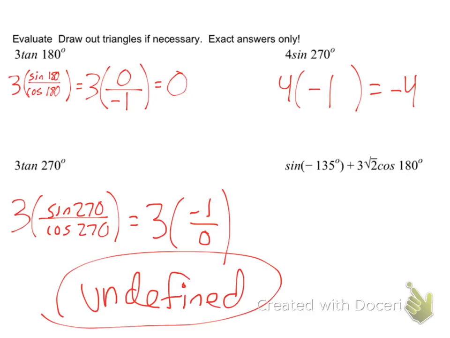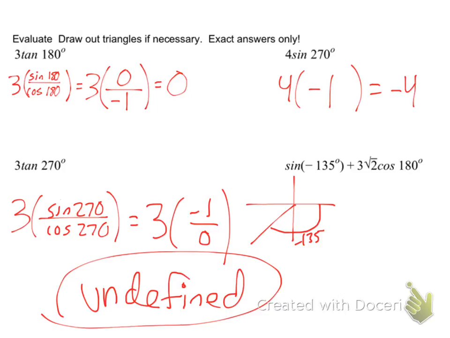Draw a picture to go with it. Where is -135? If it's a negative angle, you start at the positive x-axis and you go downwards. There's a -135.